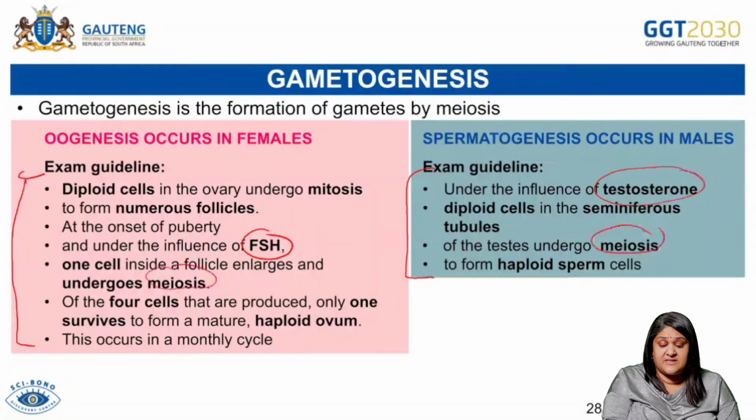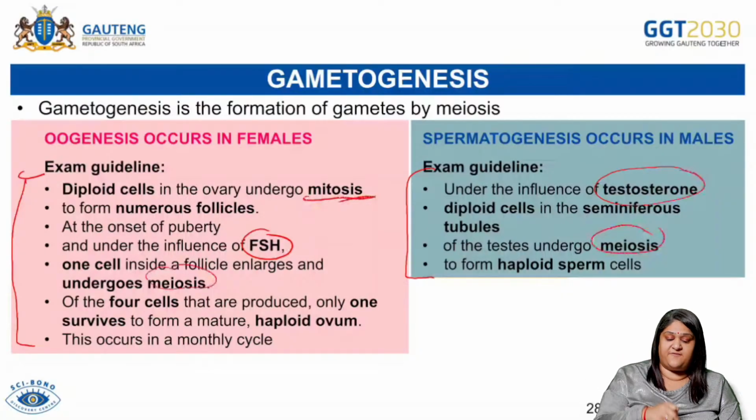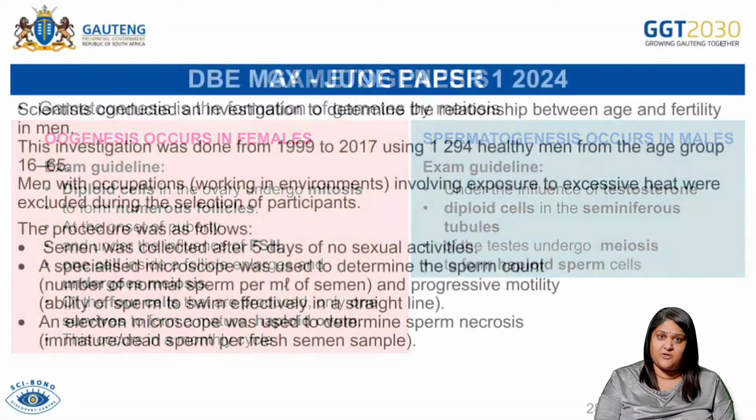And actually with oogenesis, we are first undergoing mitosis, because we have these diploid cells right in the ovary, and they are going to undergo mitosis to have numerous follicles. Okay, then that's what happens before puberty. And then on the onset of puberty, because of FSH, that is when one cell is going to enlarge and undergo meiosis.